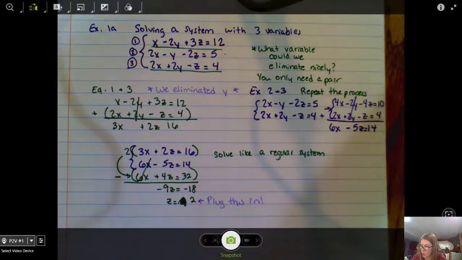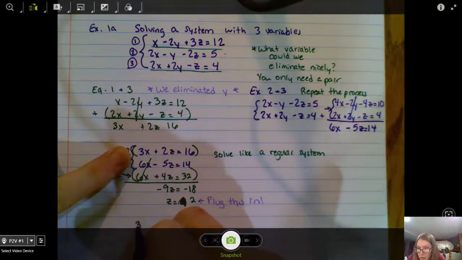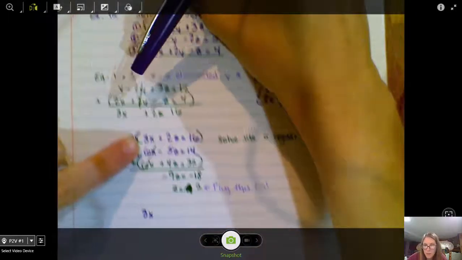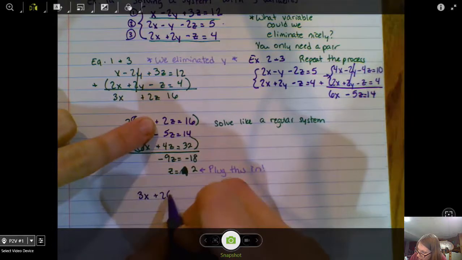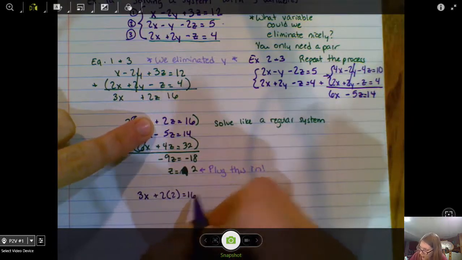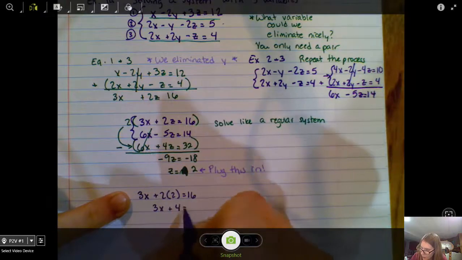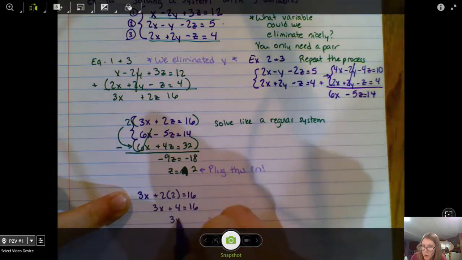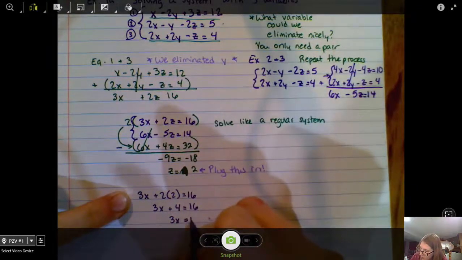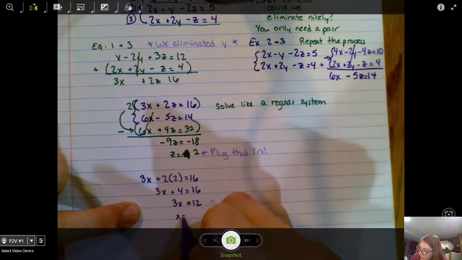So I'm going to use my top equation. 3x plus 2z, but z is 2, equals 16. That's 3x plus 4 equals 16. Subtract 4, 3x is 12. Divide by 3, we get x equals 4.